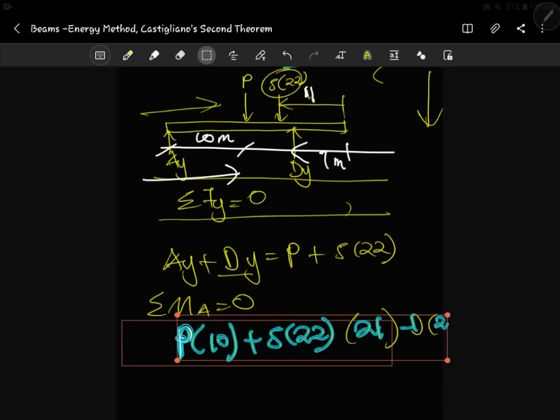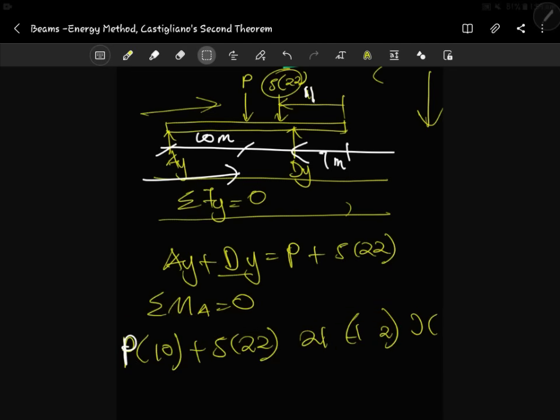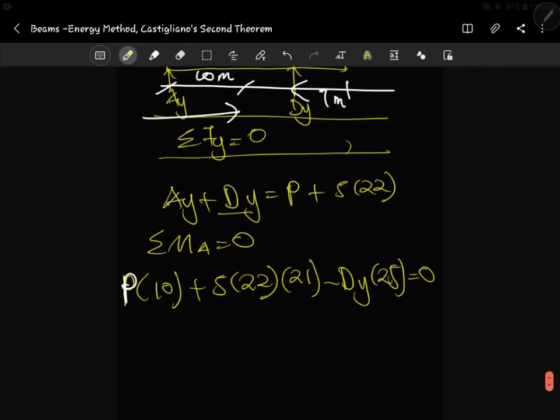Okay, let's move here. Okay, this is what we have. 21, right? And then minus Dy 25. All this should be 0, right? Yeah, so now that we have this, we can make our Dy the subject.